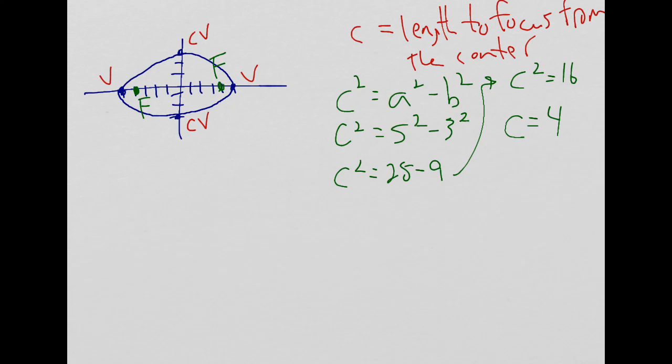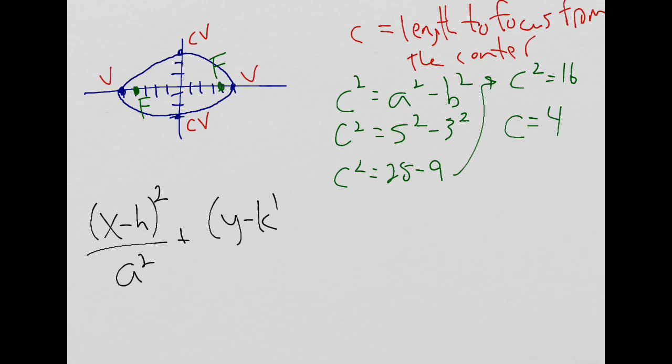But we get the same properties for this as we got for the other shapes that we've done. So if I have (x minus h) squared over a squared plus (y minus k) squared over b squared equals 1, then that's going to be the form of an ellipse.